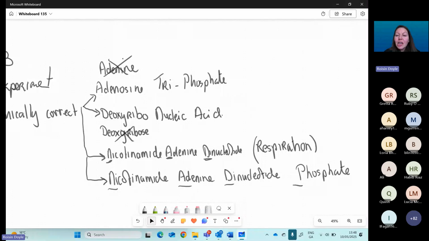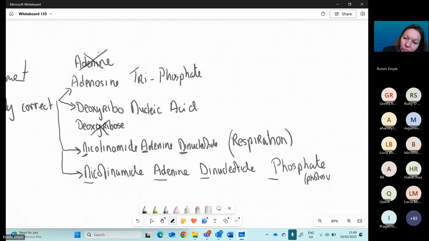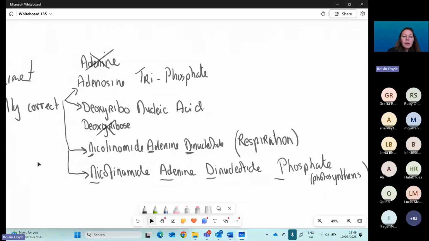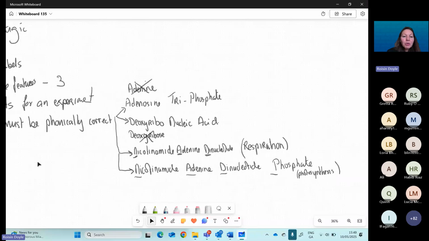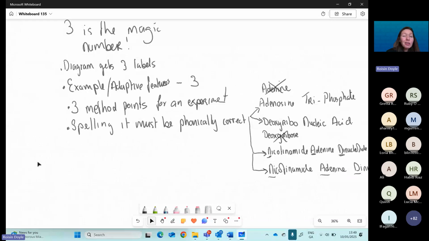That's the version which is used in photosynthesis. So again, that's just demonstrating a few little tips and tricks to you.